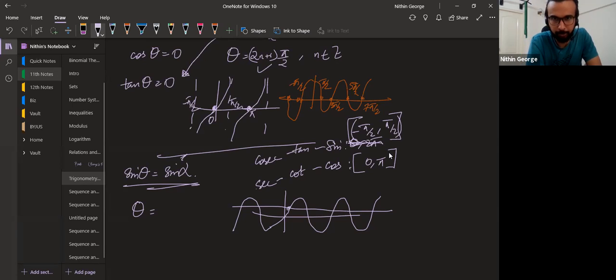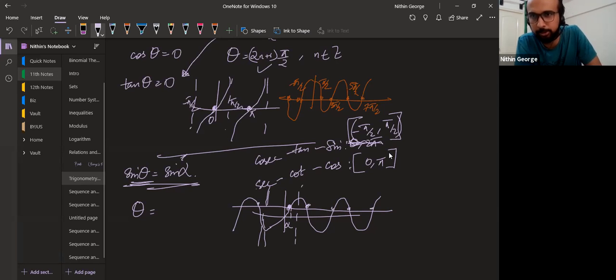You're taking alpha between minus pi by 2 and plus pi by 2, so somewhere between this and this will be this alpha angle. But then you're looking for any theta whose sine matches sine alpha, which can be here, and so on. How do you represent this?